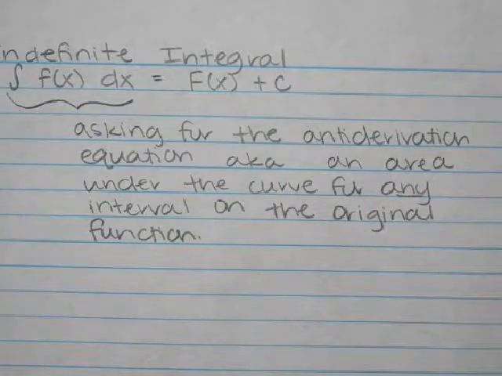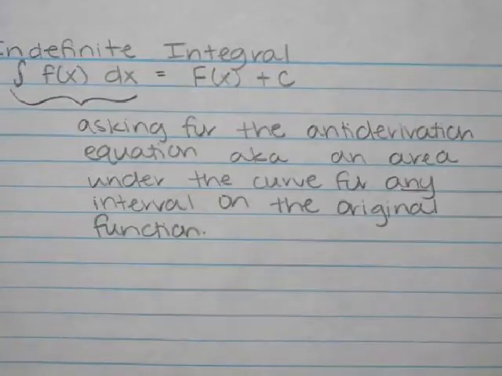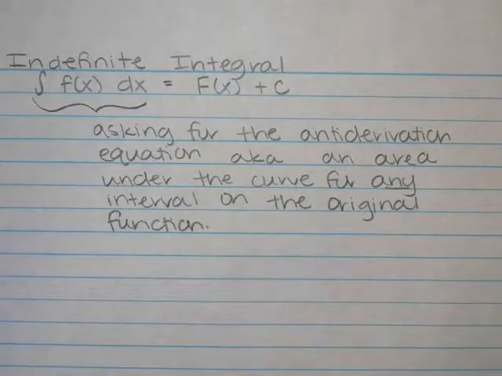It's kind of like when you find the derivative at a specific point, you don't call it the derivative at a specific point, you call it the slope. You call it a different name. So when we find the area underneath the curve at a specific interval, we just say that's the area. We don't say that's the antiderivative evaluated at something. We just say, oh, that's the area. All right. So that notation is asking for the antiderivative equation, which is the area under the curve for any interval.